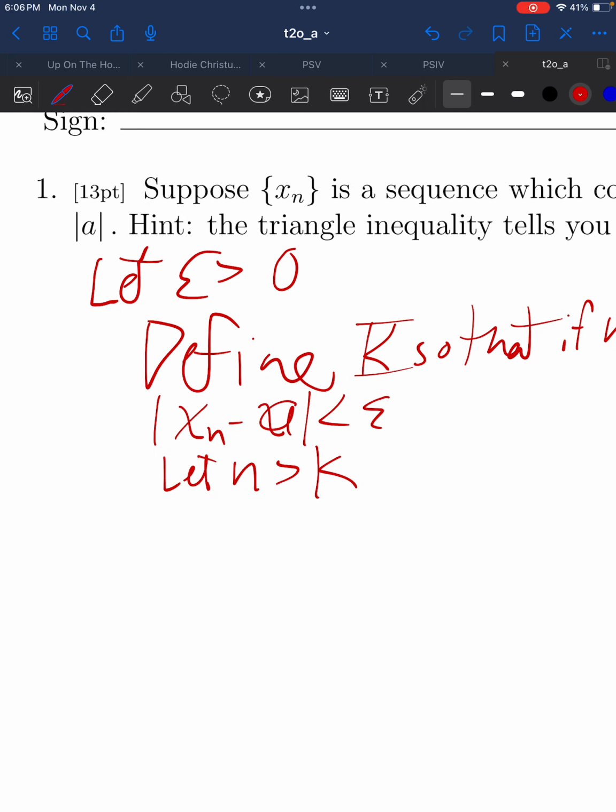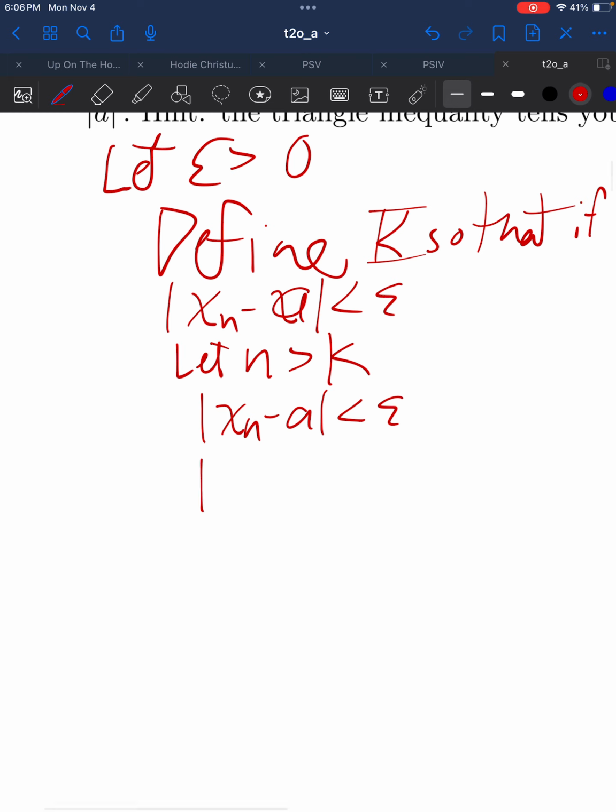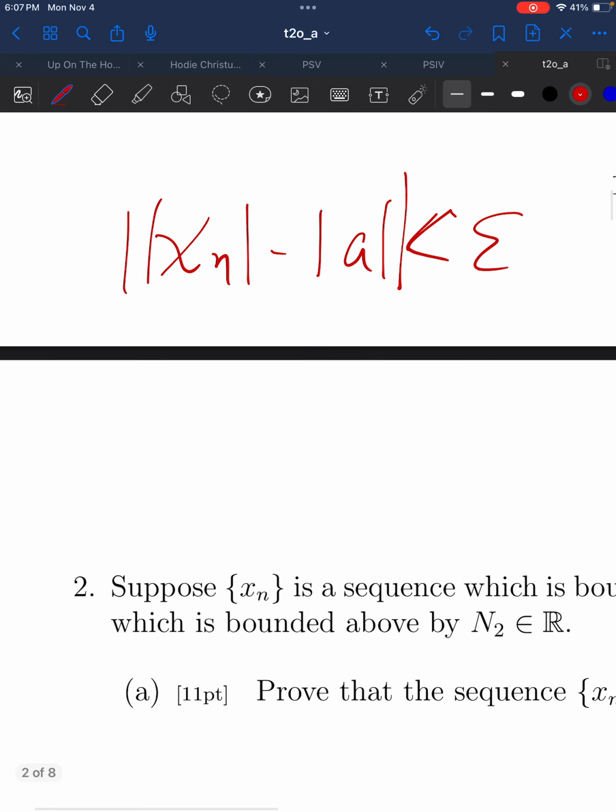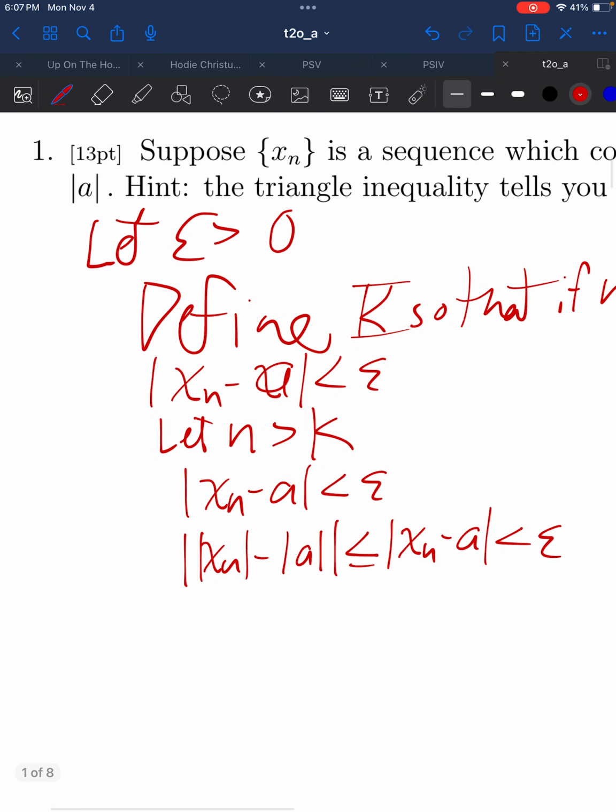That means that absolute xn minus A is less than epsilon, which in turn means that the difference in absolute values is less than or equal to the difference in quantities, which is less than epsilon, and we're done. That's all that proof required.